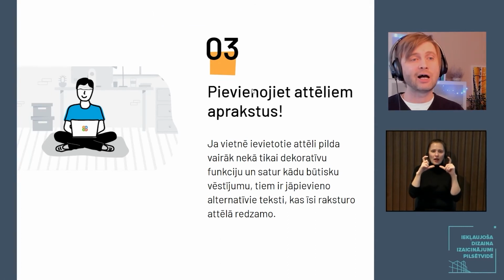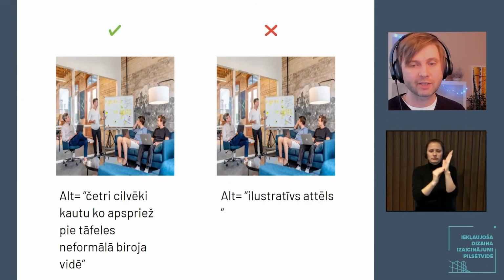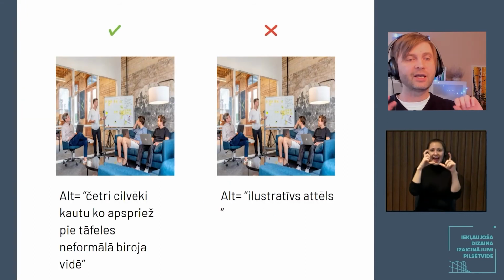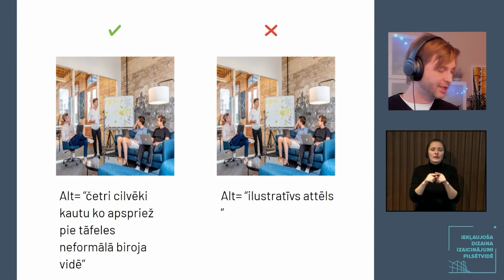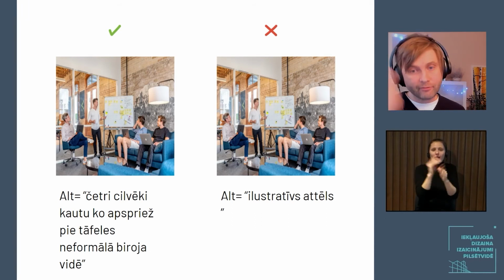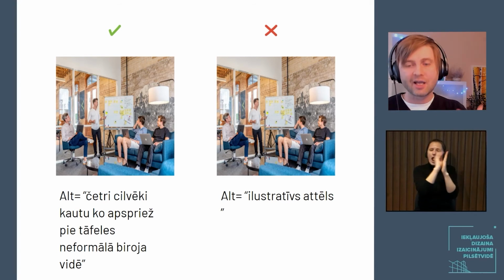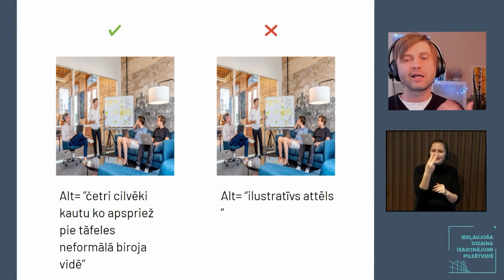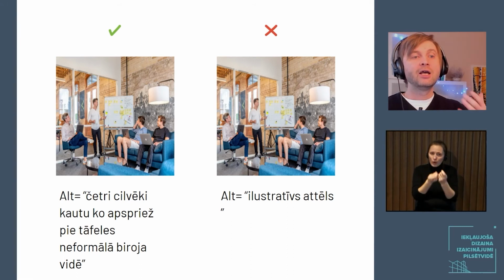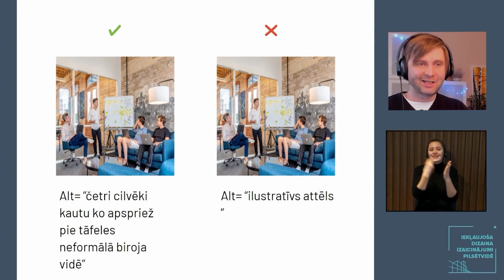Next, about image alternatives. If you insert an image in a homepage, you also add a description. What can you see there? And what does it give to you? So in this description, you write what is shown there, not just that this is a descriptive image or something.